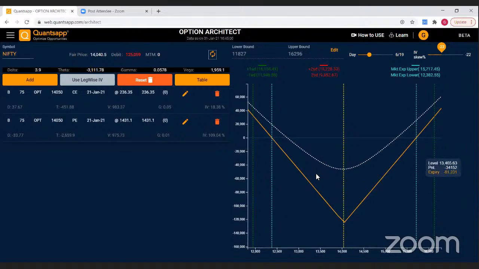Because volatility is falling down, which means that your option premiums are also losing money. So you should be looking into how volatility can actually affect your options when holding any strategy for a period of time, you can actually see the payoff for it.